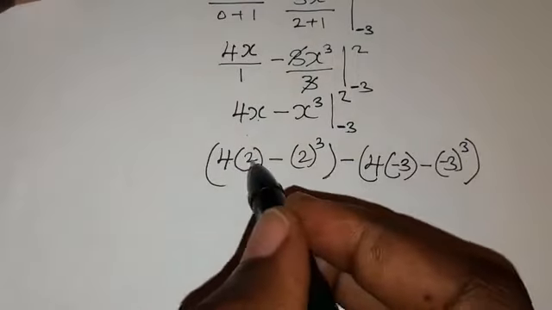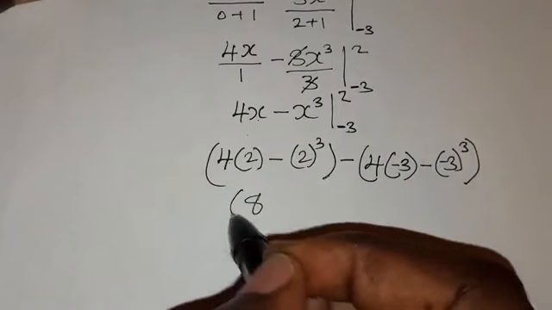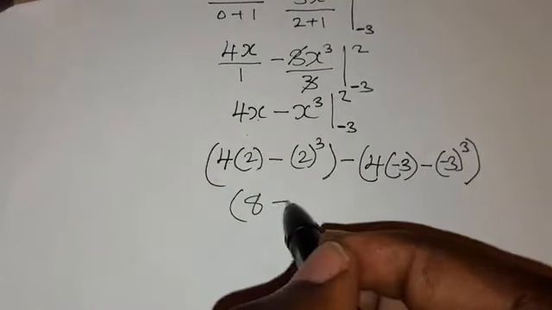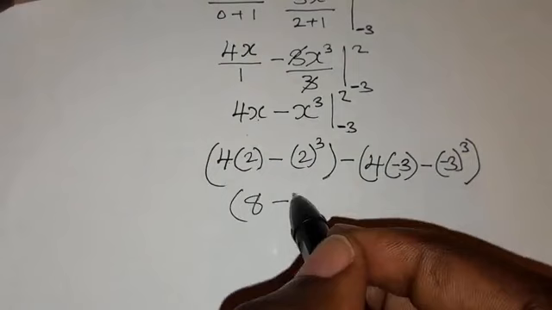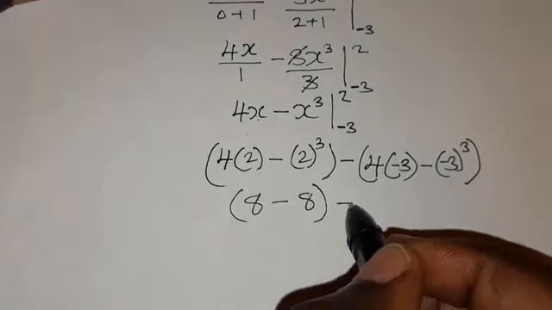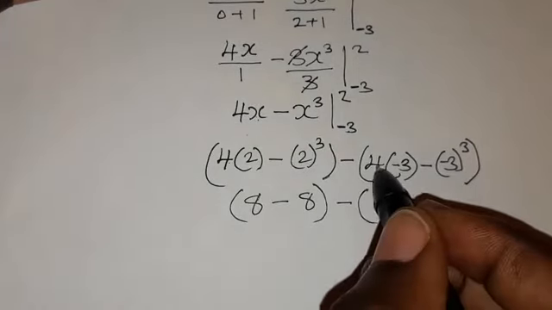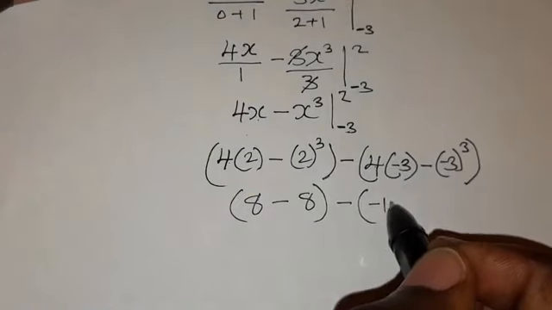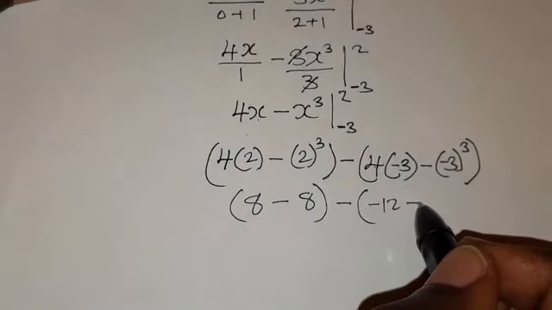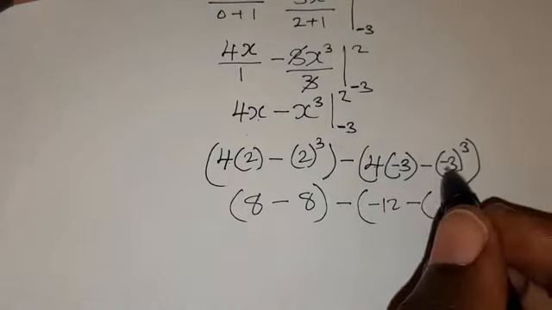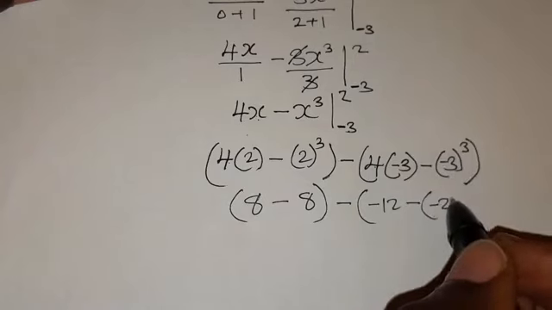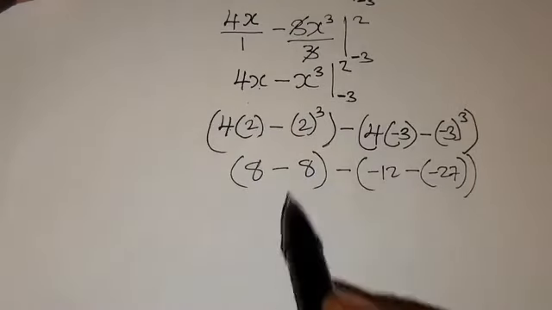Now 4 times 2 is 8. Then minus 2 cubed, and 2 cubed is also 8. Minus 4 times -3 is -12. Minus -3 cubed is -27. So this 8 minus 8 is 0.